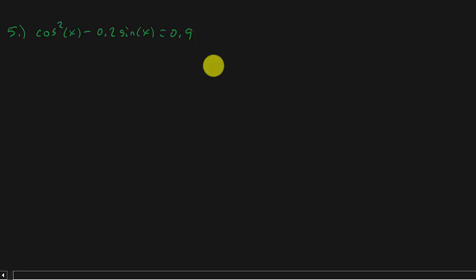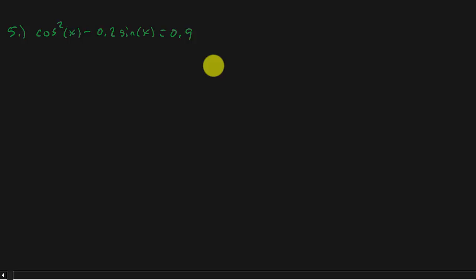And then we've got a cosine and a sine in there, and really we want them all in terms of one trig function. You don't have to have that all the time, but in this case you do need that. So I need to get it all in terms of sine or all in terms of cosine.